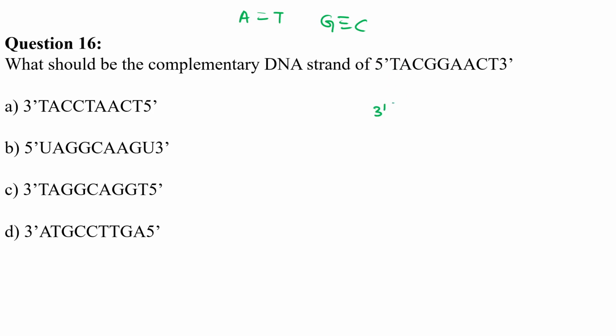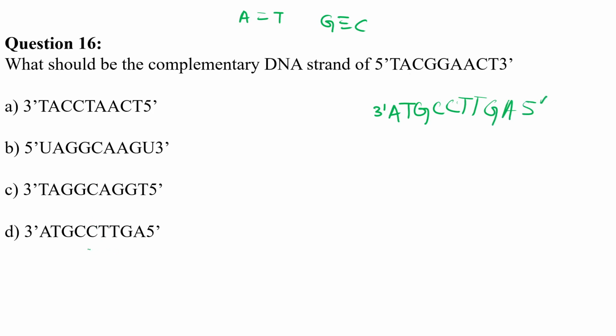We have here T, so we will write an A, then A, so that will be T, then C will become G, G will become C, again opposite to G we get a C, then A will have T, again T, G and A, and we will have 5' here.